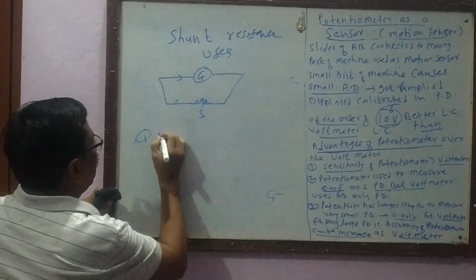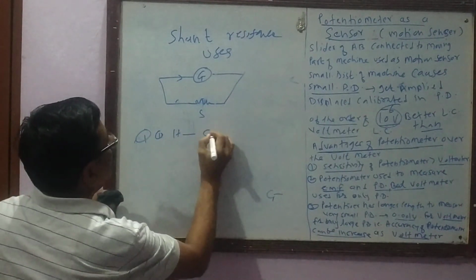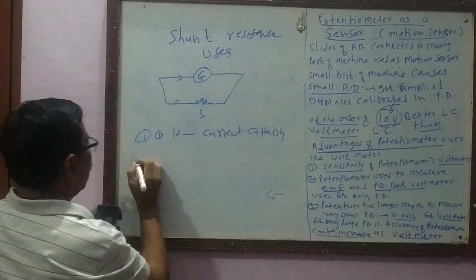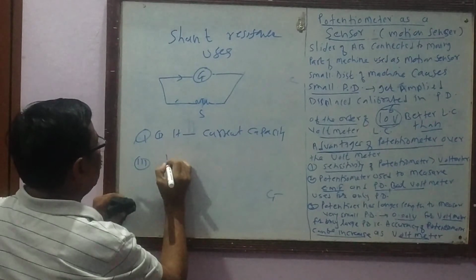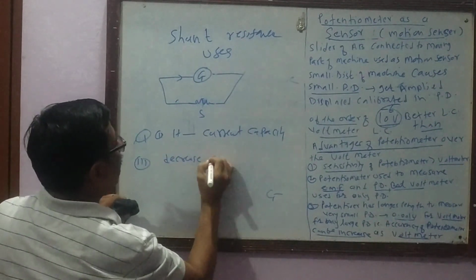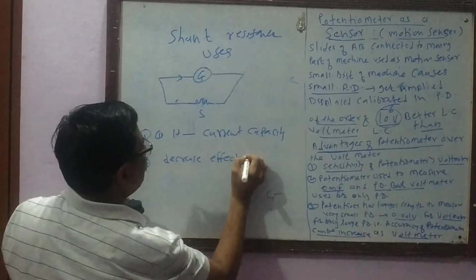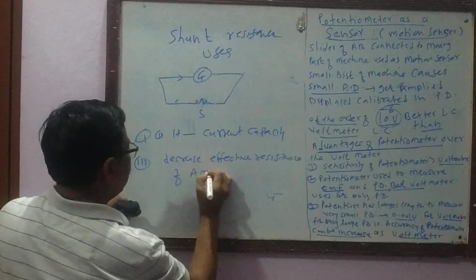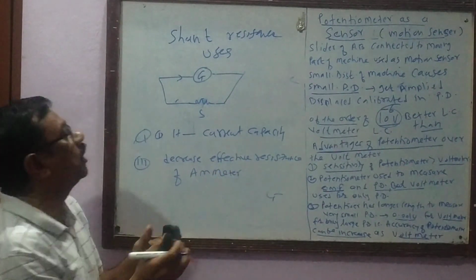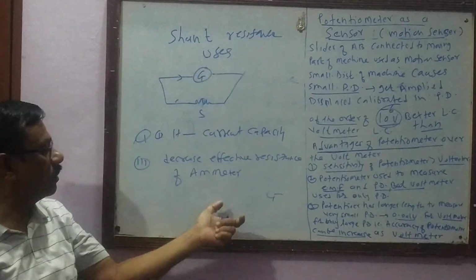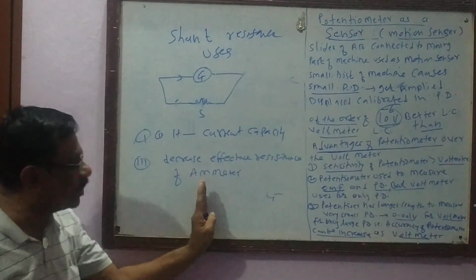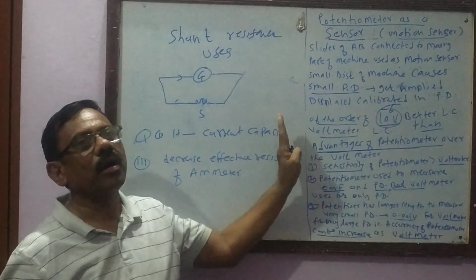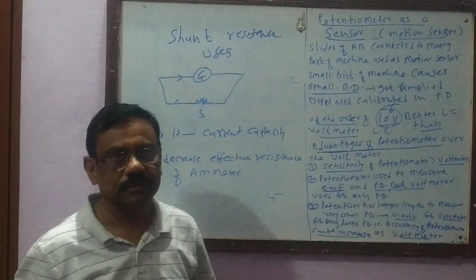Second, it increases the current capacity. And third, it decreases the effective resistance of the ammeter. These are the three uses of shunt resistance. Using that shunt resistance, the moving coil galvanometer can be converted into an ammeter. Clear?